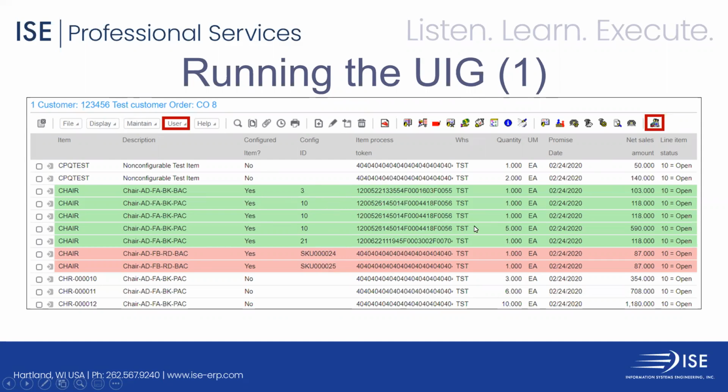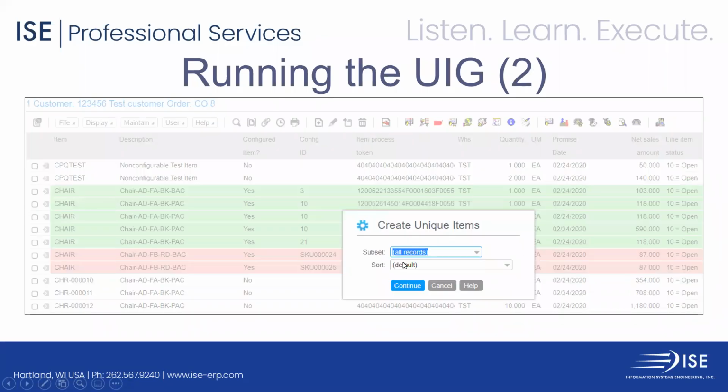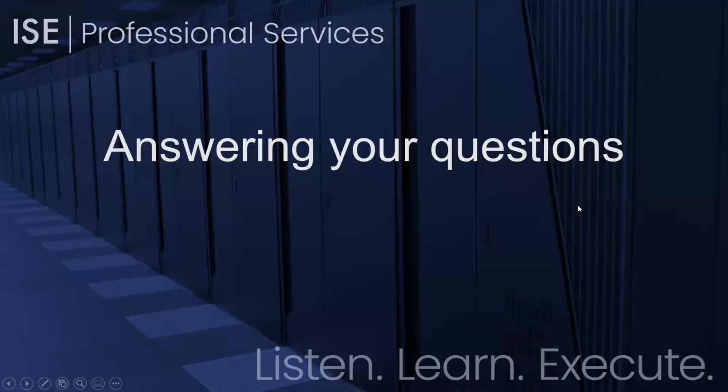But provided they're all green, then the UIG will run and all those item processes will be replaced with unique item revisions. And there's, for example, the little pop-up. In this context, subset means all line items for a particular customer order, a particular quote. All records is not every single line item. So that's important to understand.